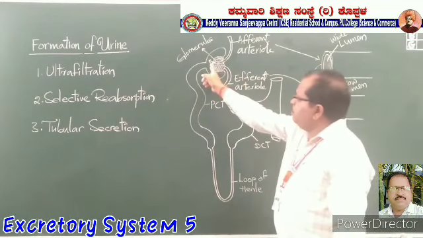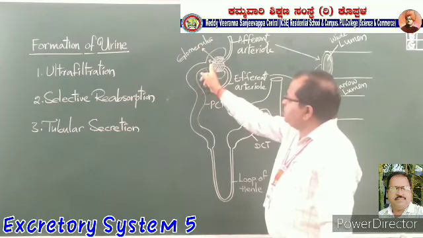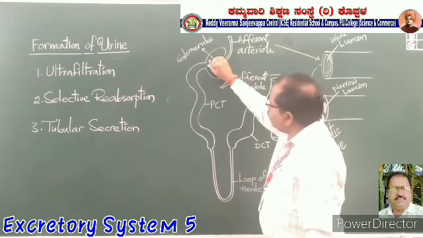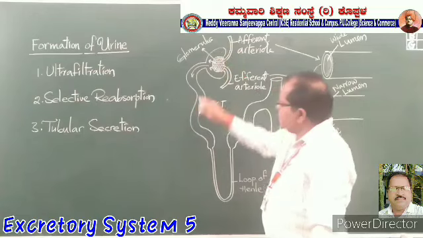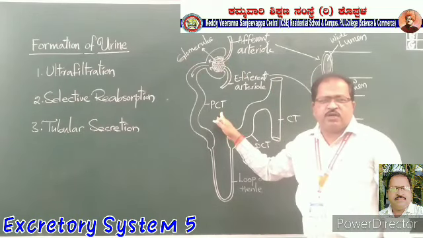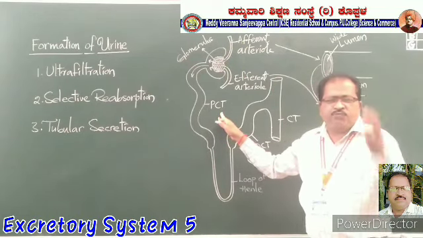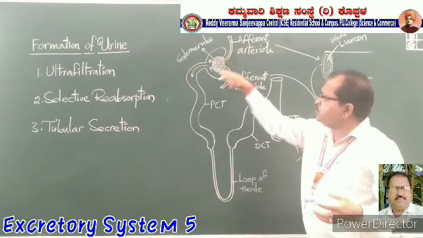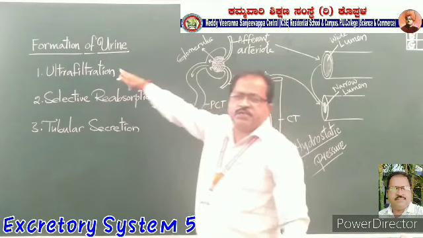So all the materials will be filtered and enter the Bowman's capsule through its walls, and from there these go to the PCT, the proximal convoluted tubule. And this total procedure is called ultrafiltration.